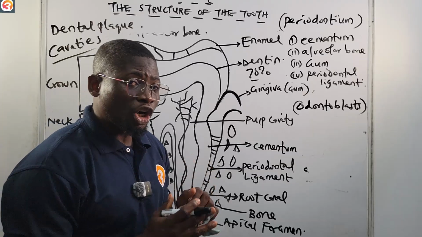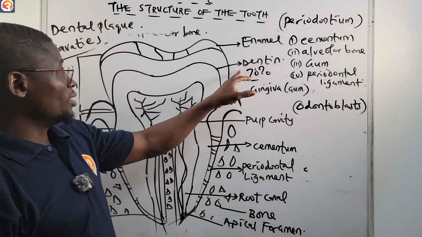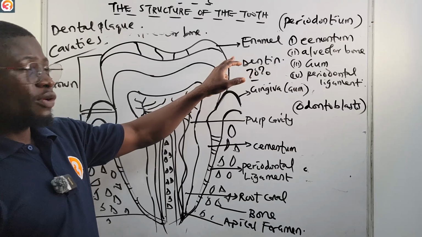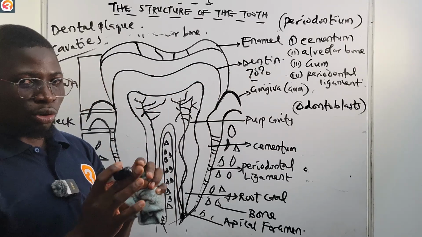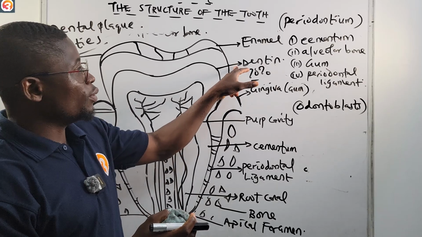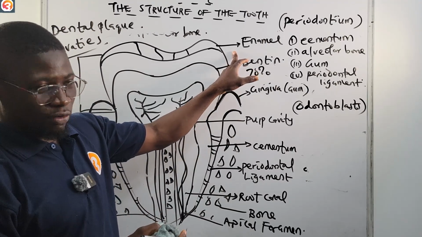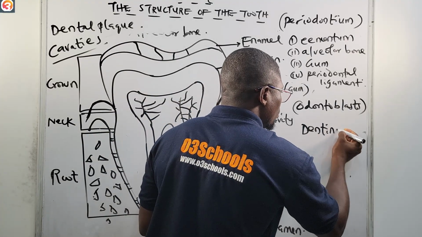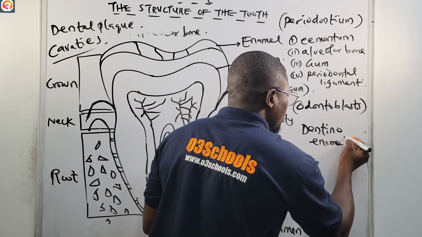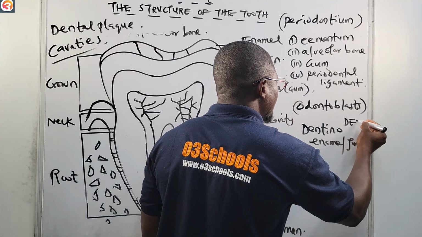Now the junction where the dentin meets the enamel of the tooth's crown is called the dentino-enamel junction, DEJ for short.